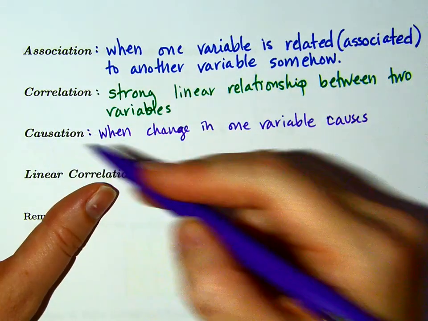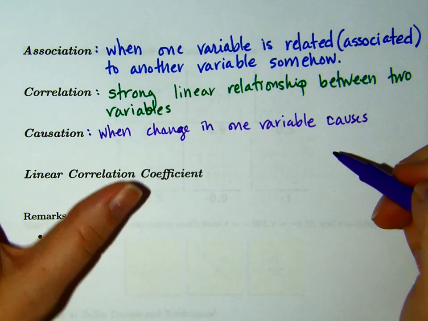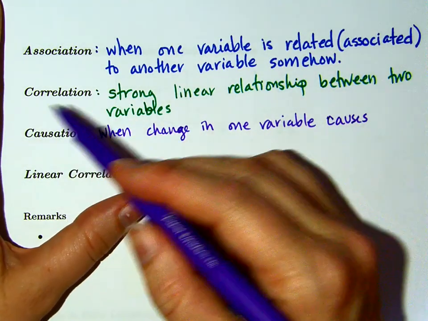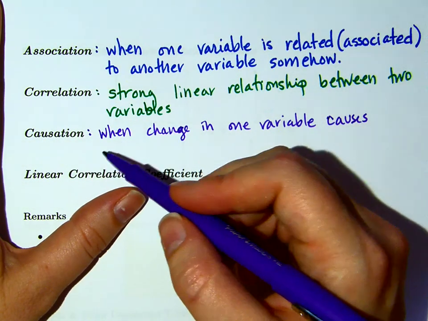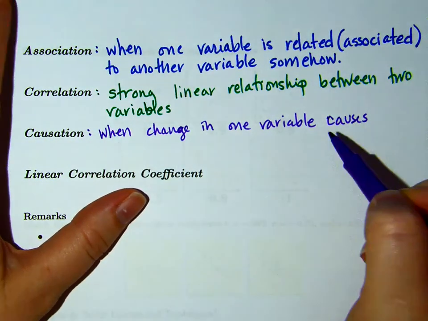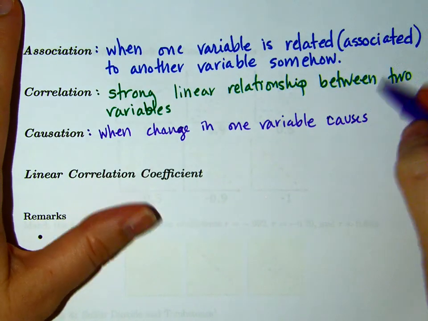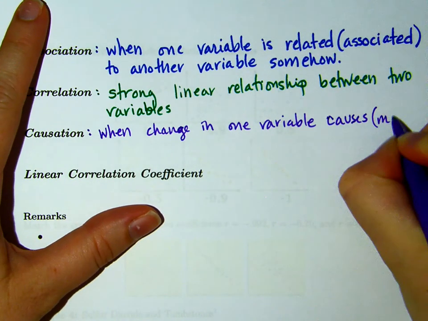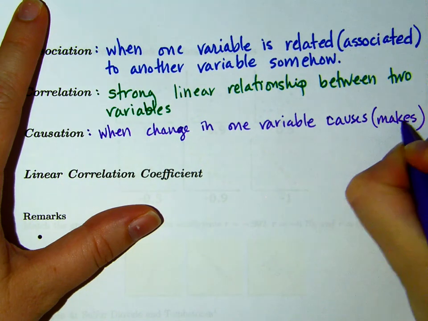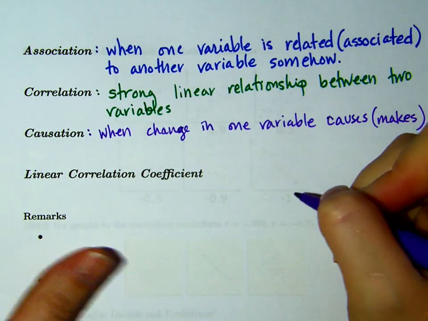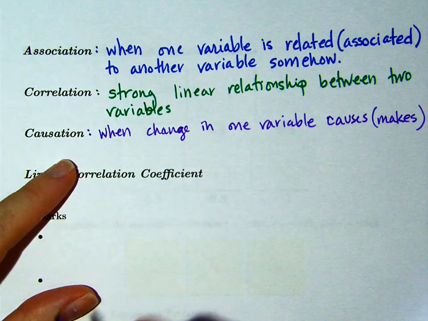I used cause in the definition of causation. When change in one variable causes or makes the other variable change too.